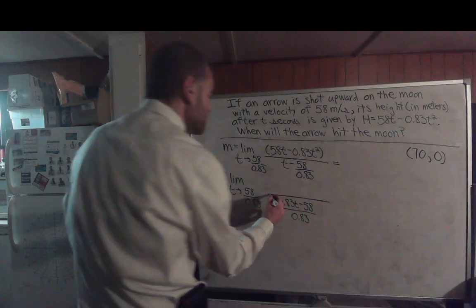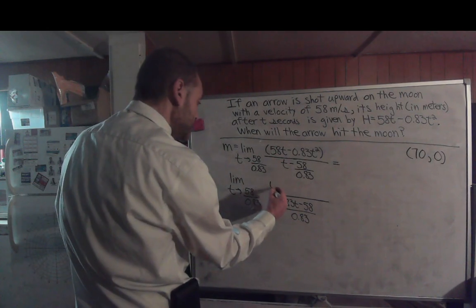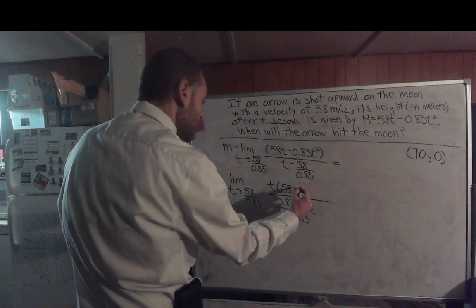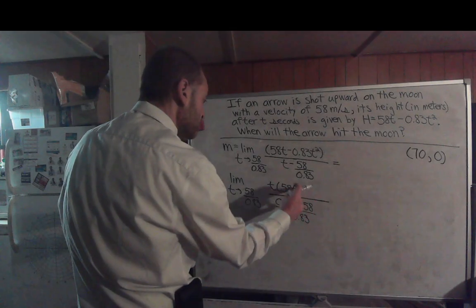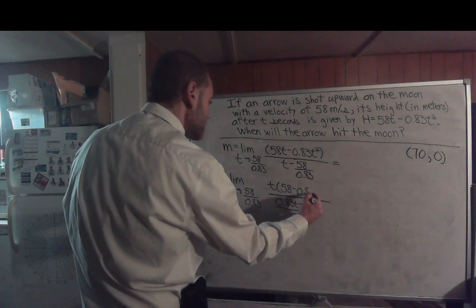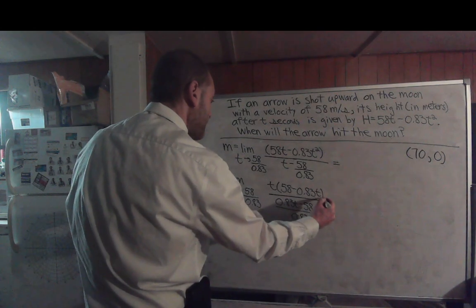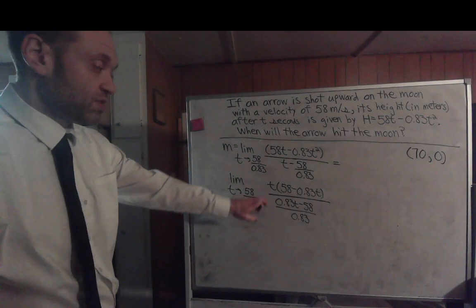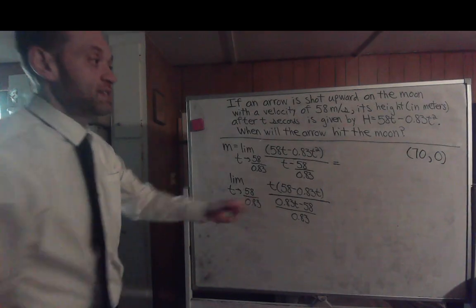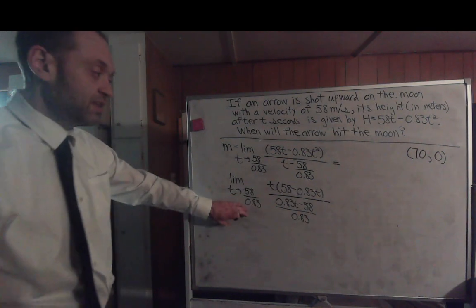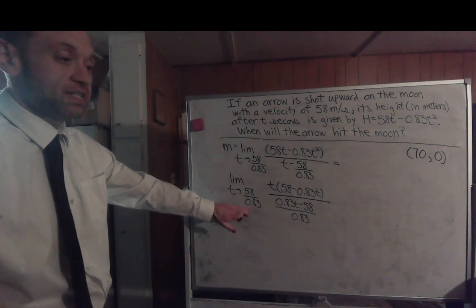Now, that numerator we can factor out a t. You would end up getting t times 58 minus 0.83t. And now I'm sure you're starting to see why I left the time as such. Although for our answer we would say 70 seconds, but for the limit we want to leave it as the exact expression.